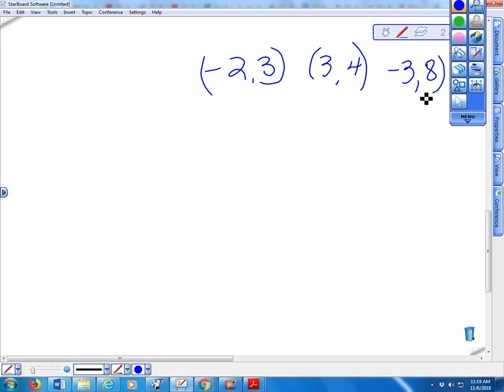Okay, who remembers the formula using a matrix to find the area of a triangle when you have 3 points? Plus or minus 1/2. What do you multiply that by? It's a matrix, but it's the straight line.